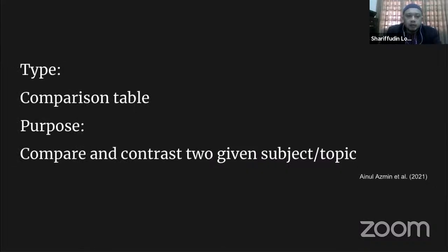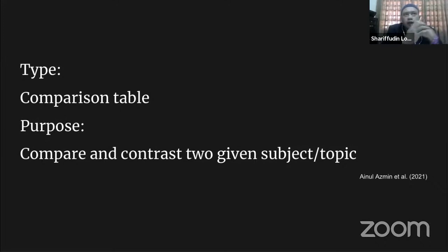Comparison table: compare and contrast two given subjects and topics. And this would be great if you are trying to make your point, and you want to be persuasive in your argument, in your points, in your speech, that you want people to agree with the points that you are making.